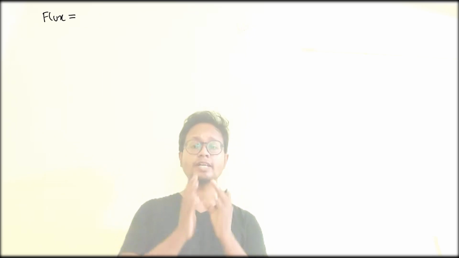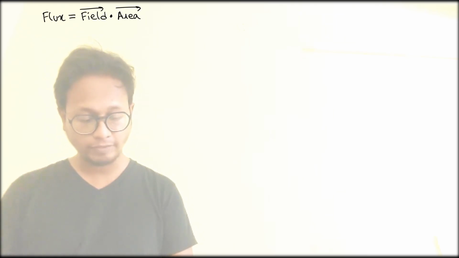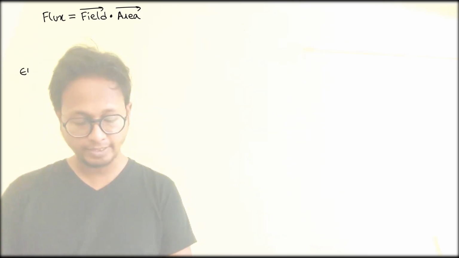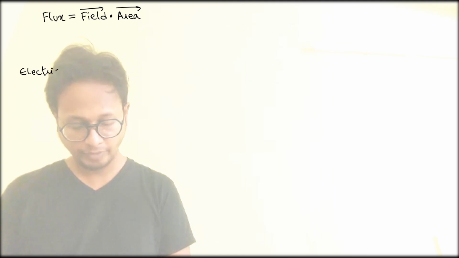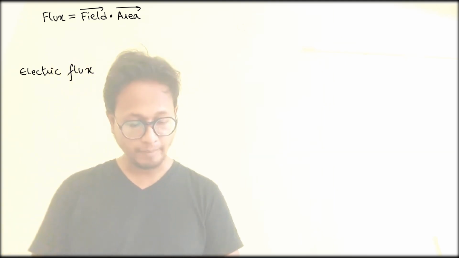Flux. Whenever you hear flux in your syllabus, flux is nothing but the dot product of field and area. Now, in your entire syllabus, there are two kinds of flux. One is electric flux, and the second one is magnetic flux.